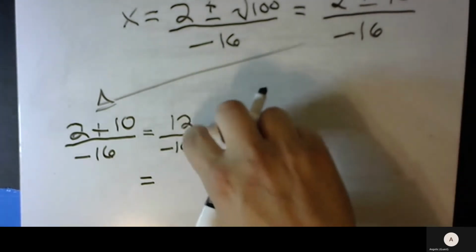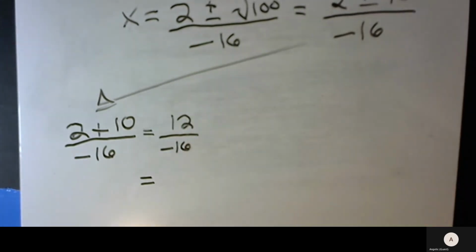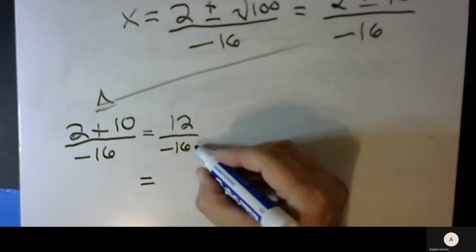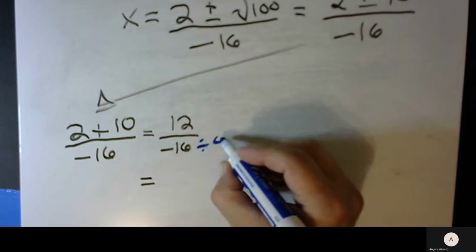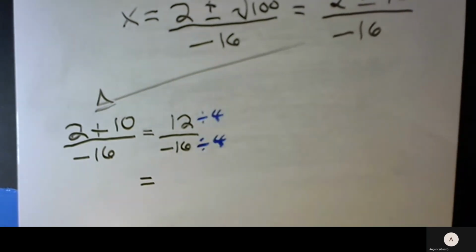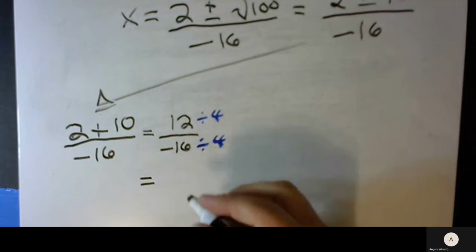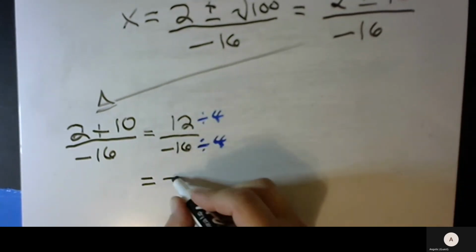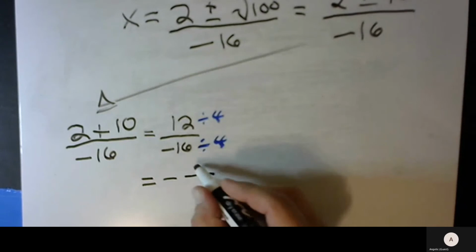And we can reduce this. This is a fraction 12 over 4. So if we divide top and bottom by 4, and since this is a positive divided by a negative, the answer will be negative.